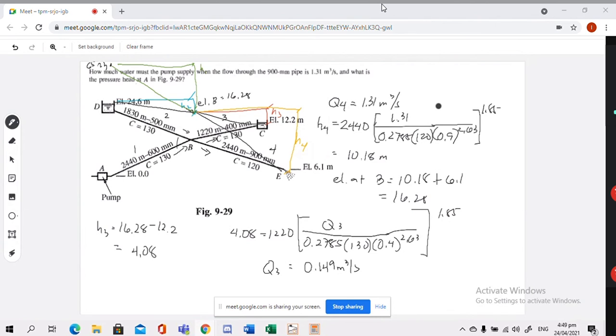Sakto 10.18 plus agwa 6.1, 16.28 meters. Okay, let's check. So 12.12, 12.2 minus 16.28, 4.08.